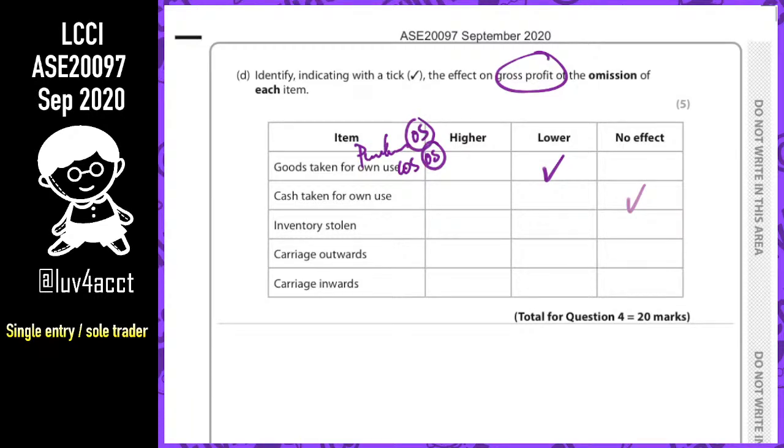Inventory stolen. Okay, let's see. If we have inventory stolen, that means our closing inventory would be understated, and cost of sales would be overstated.